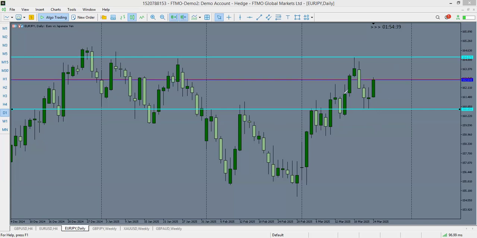Okay, so this high here, 164, let's say 164.2 is a possible level for it to hit right up there. Okay, so let's see if price will go there. So we're bullish on Euro Yen.